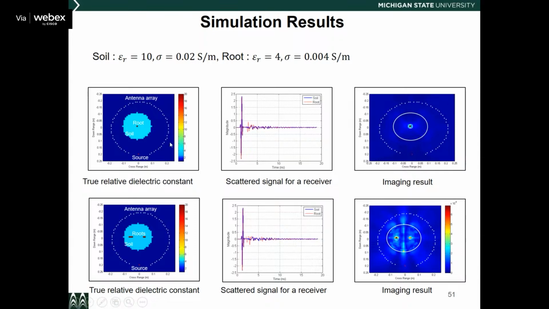After you get the receiver signals, you backpropagate them and try to reconstruct in the spatial domain. This shows the two geometries, where you have a single root and multiple roots, and using time reversal, you can reconstruct the location of the roots fairly well, with some noticeable artifacts due to the numerical method and also due to the scattering of waves in this simulation.